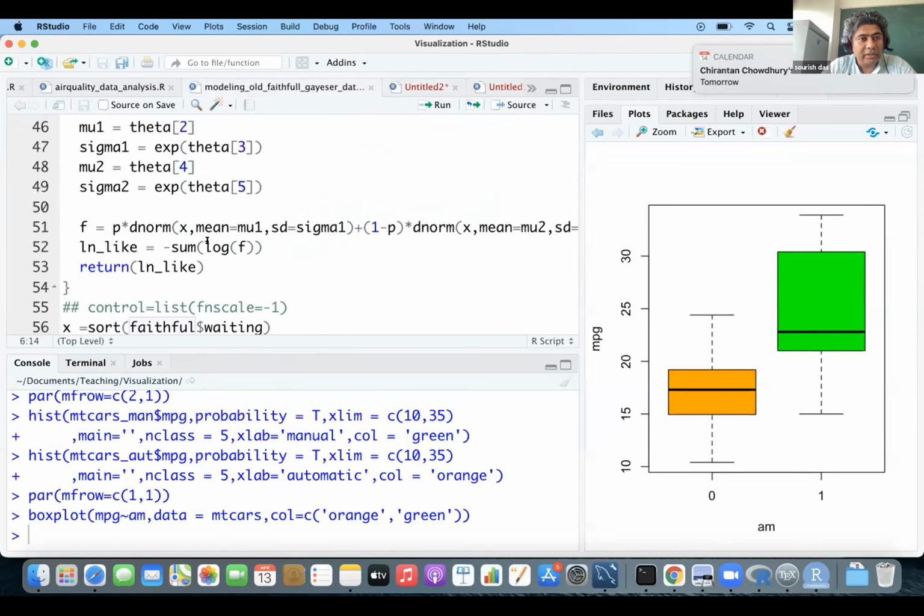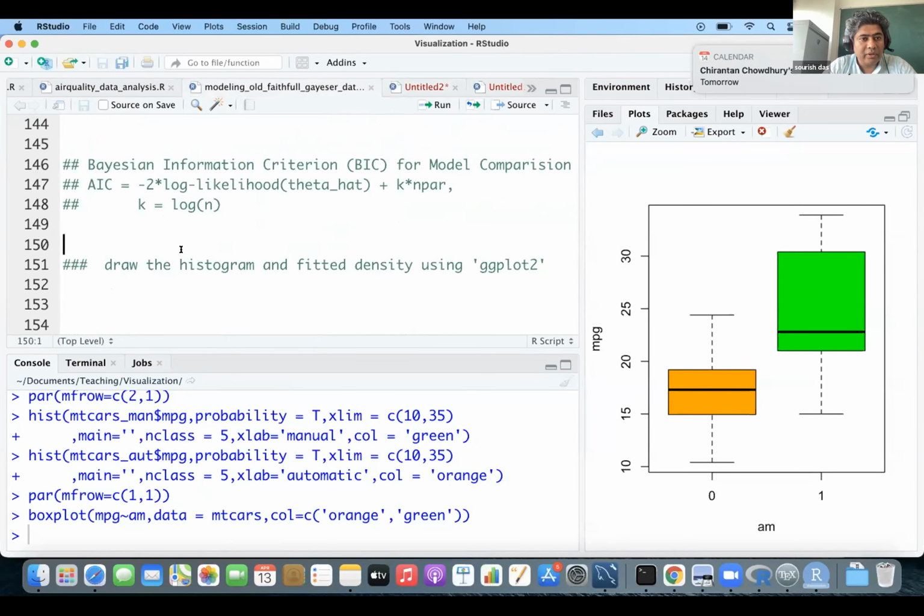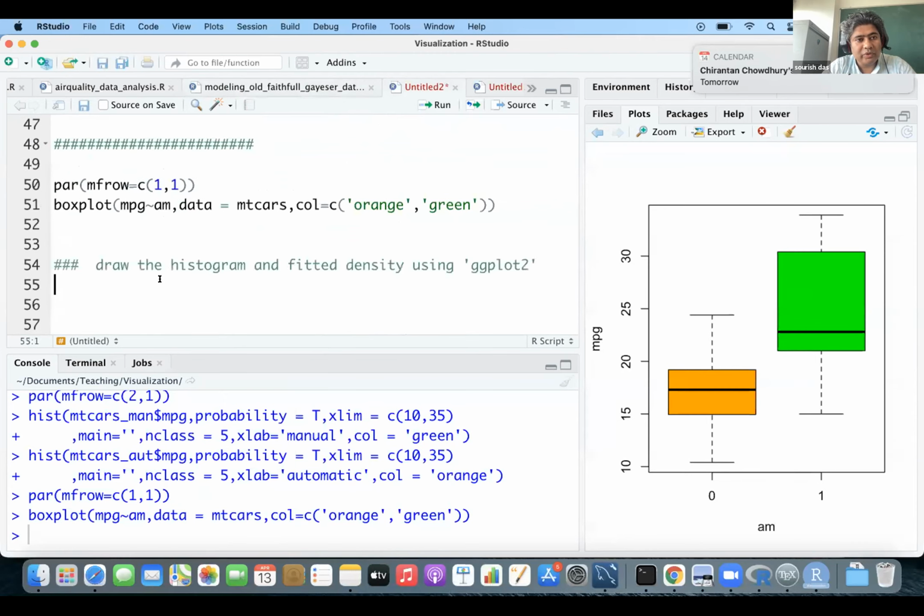I think I would put another one. So first, you draw a histogram and density using ggplot. Also, another small assignment is you draw the box plot. This is called a side-by-side box plot. I'm plotting two box plots side by side.